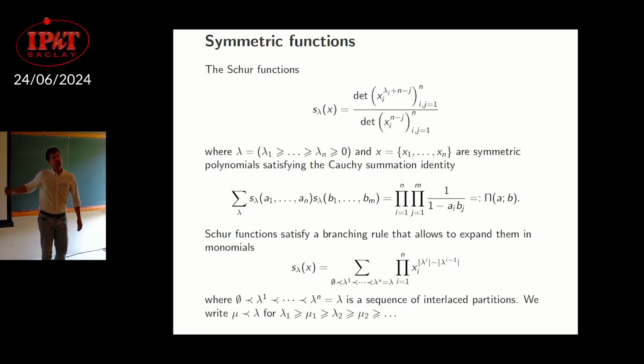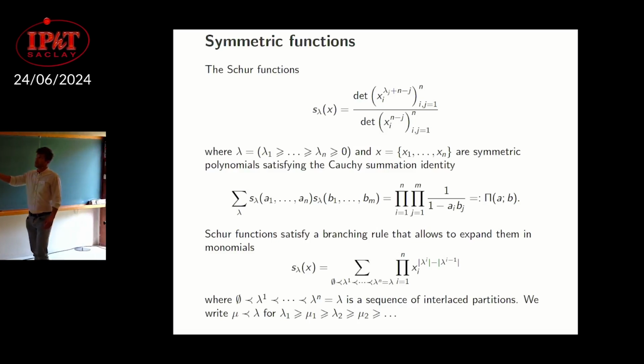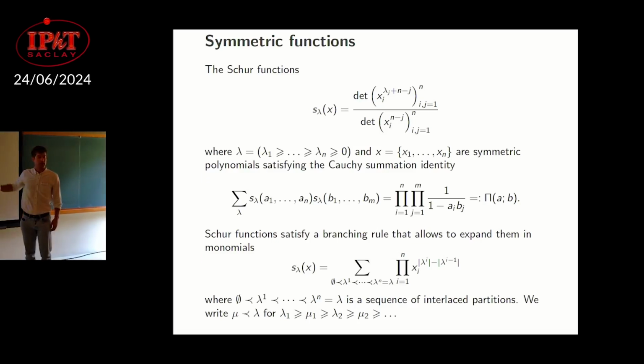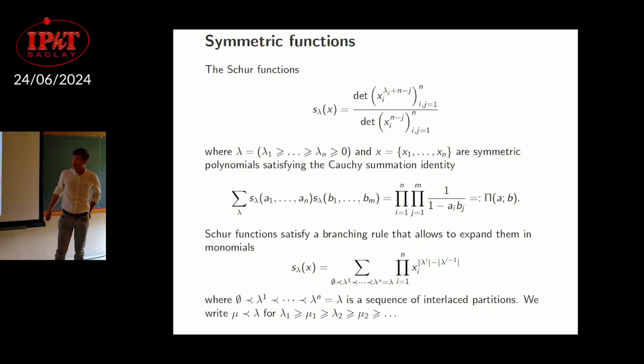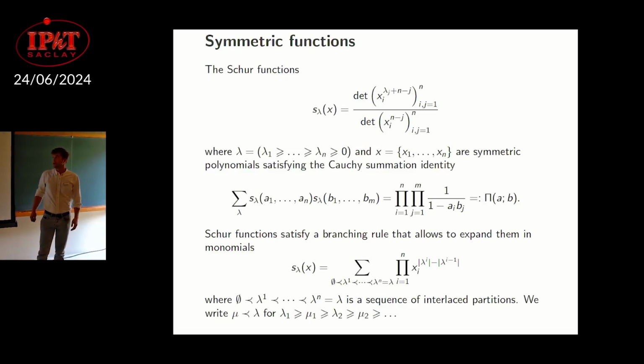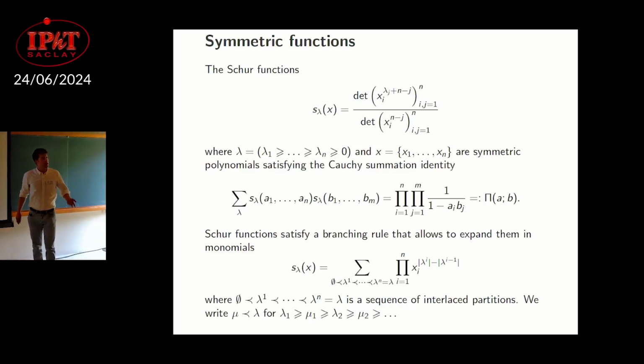So I'll start with the symmetric function side, and recall a few things about Schur functions. The Schur functions s_lambda of x can be defined as this ratio of determinants, where lambda is an integer partition, the lambda_i's are ordered, and x is some set of, say, n variables. It is well known that Schur functions satisfy nice summation identities.